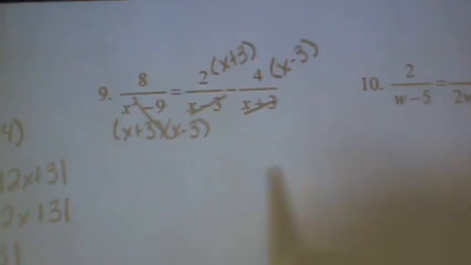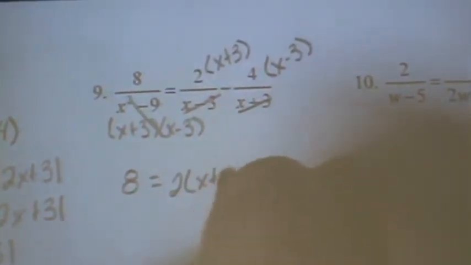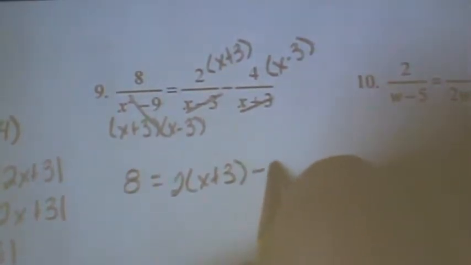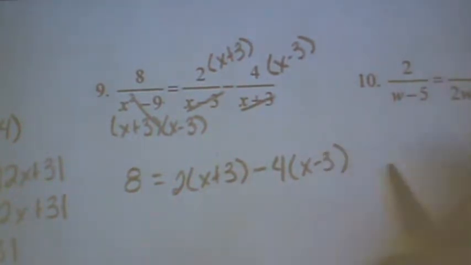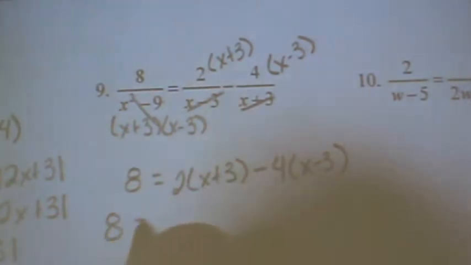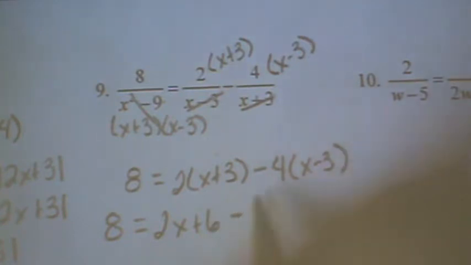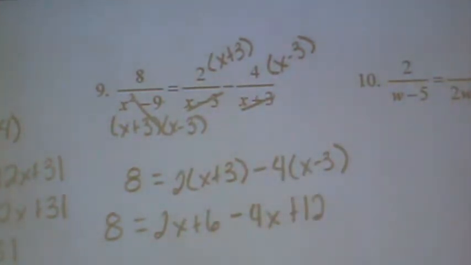So we're left with 8 equals 2 times x plus 3 minus 4 times x minus 3. Distributing, you get 2x plus 6 minus 4x. Make sure you distribute this negative as well, so it becomes plus 12, because a negative 4 times a negative 3 is a positive 12.